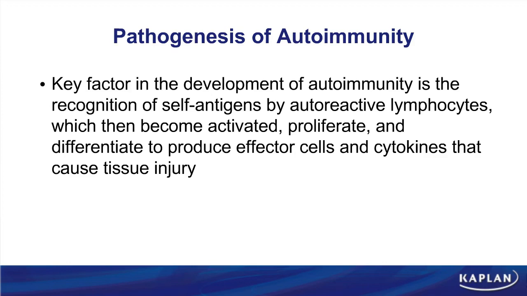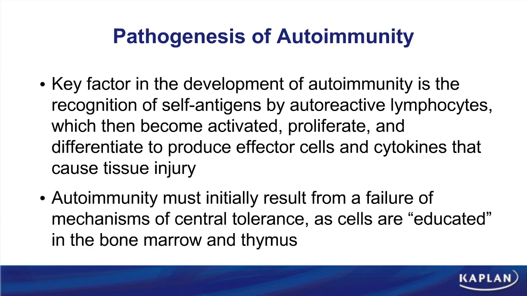So the immune system is now recognizing self-antigens as foreign antigens, becoming activated, and really launching an all-out immune response, but against self-tissue. So this autoimmunity initially results from some sort of a failure of central tolerance.